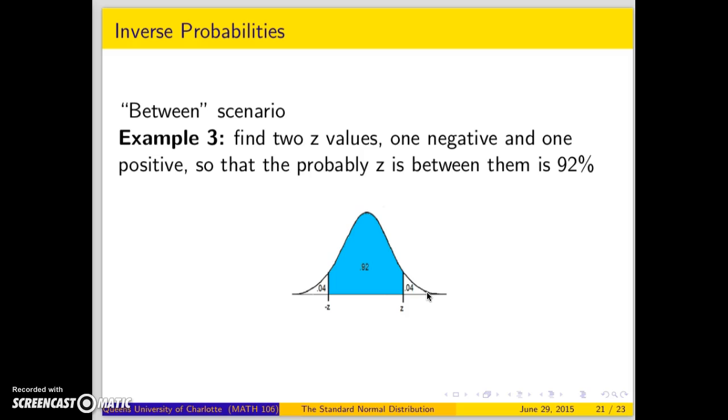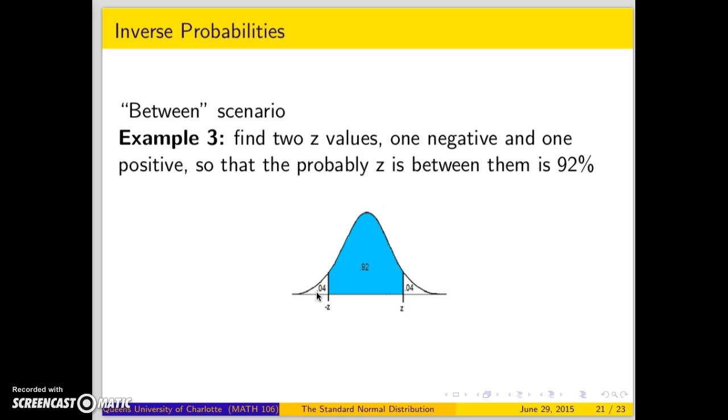So 1 minus 0.92 is 0.08 on the outsides, but we have two tails, so it's spread evenly on both of these tails. So we have 0.08 divided by 2, and we get these tails to be 0.04 and 0.04.